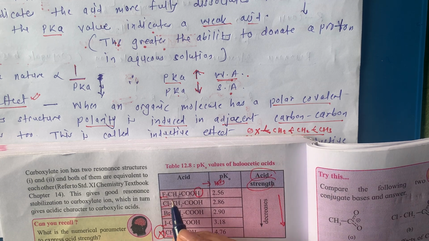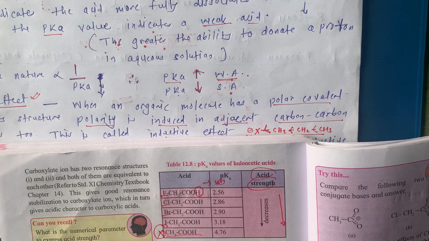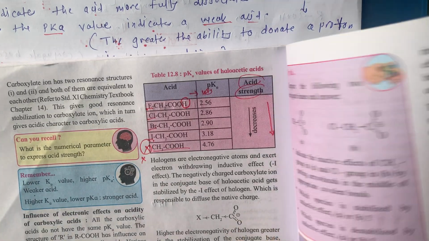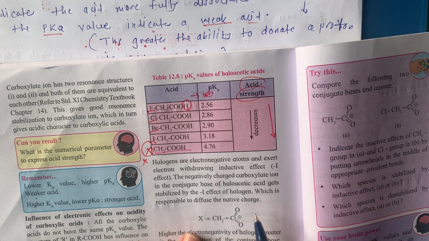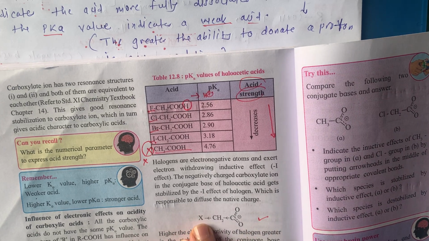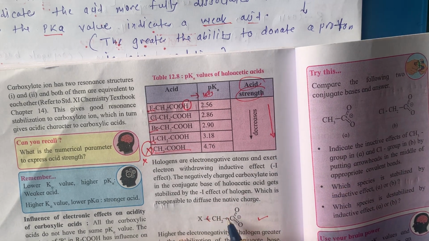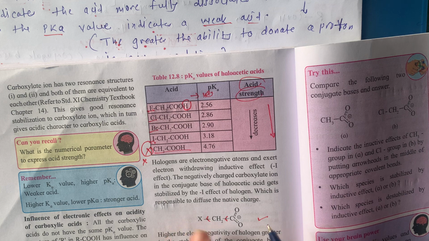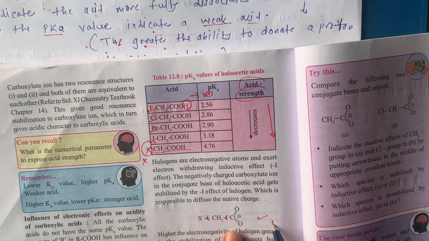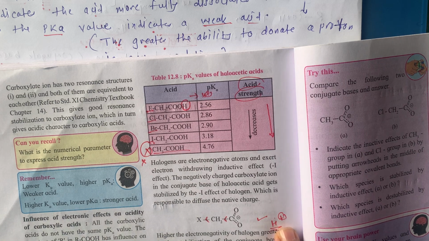So here we studied the inductive effect due to these electronegative halogen atoms. And in our textbook it is written in the resonating structure. This X is here, it is going to pull electrons towards this, like this, like this, and here it is the negative charge, and so H plus is liberated very easily.